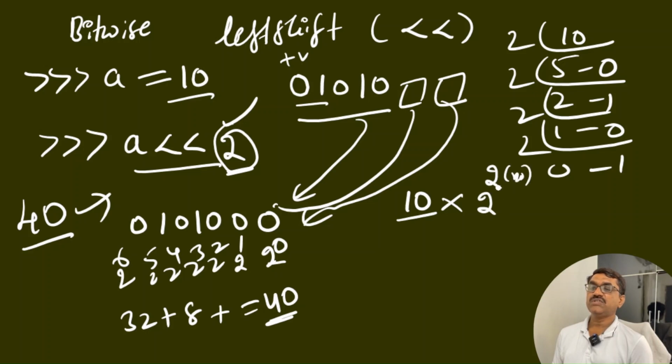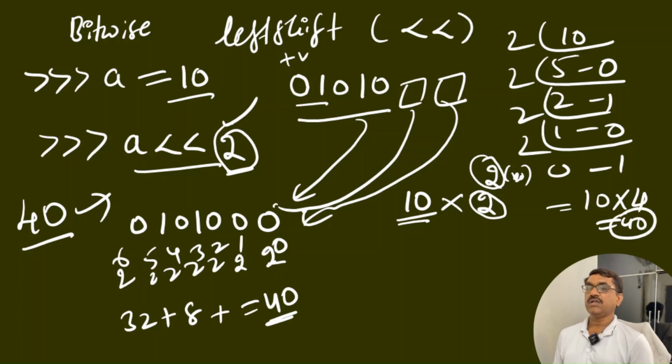The left shift result is based on taking the original number 10 and multiplying it with the binary base 2 to the power of the number of bits shifted, 2. That means 10 into 4, 40. This is the direct way of verifying the answer 40.